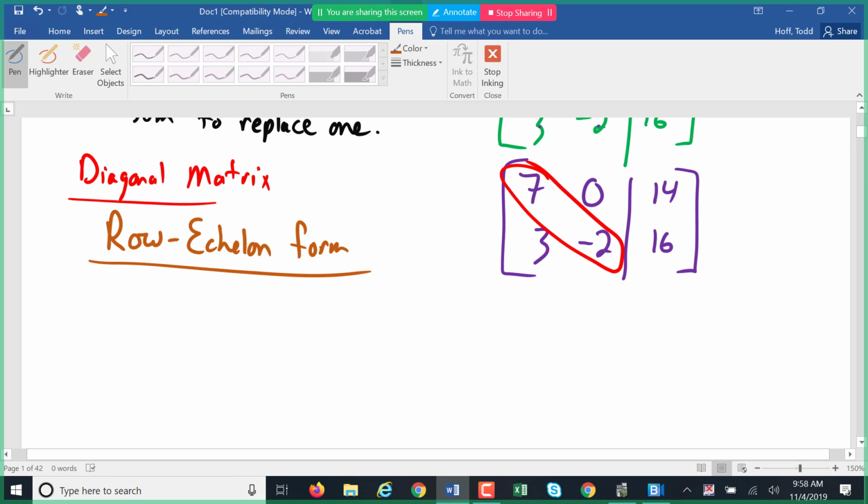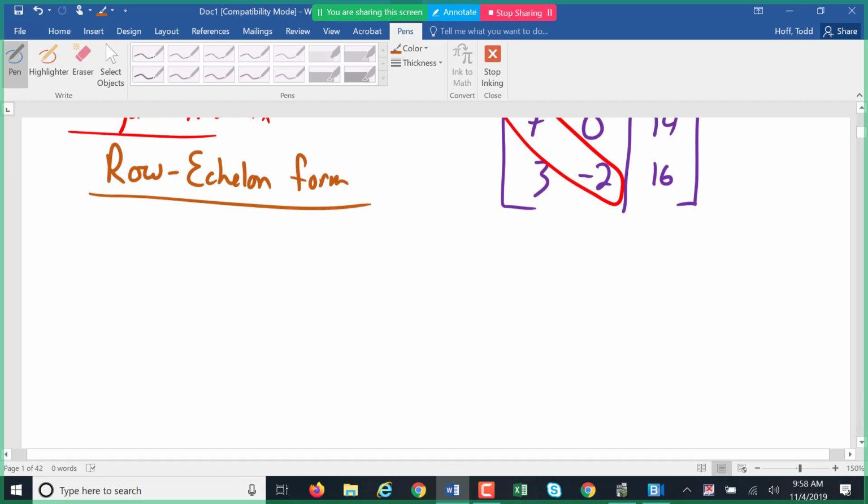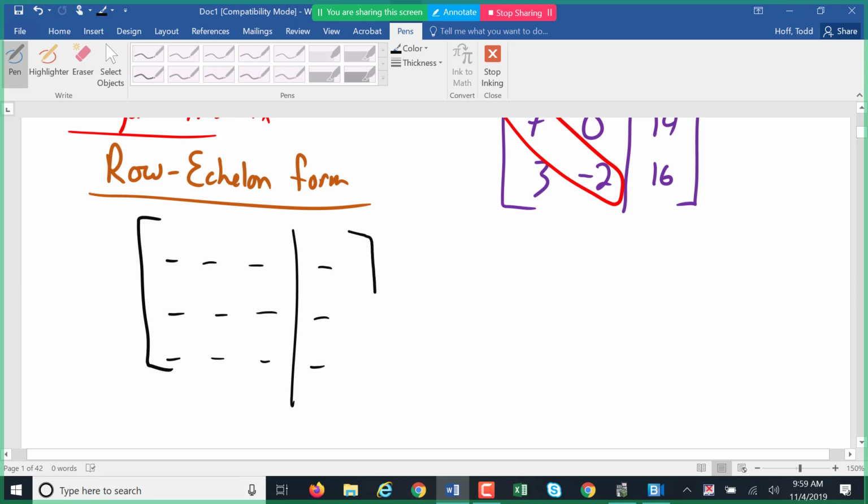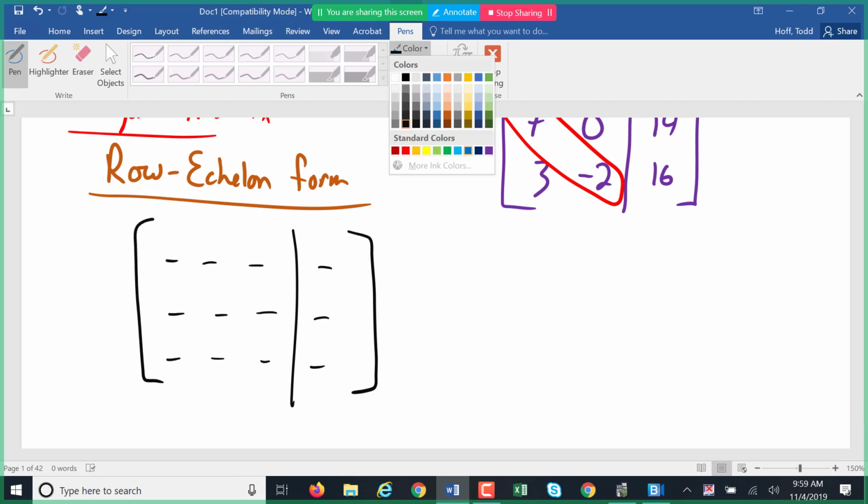Let's say we've got a 3x3 matrix augmented with a set of solutions. So it's essentially a 3x4 matrix. So 1, 2, 3, 4, 5, 6, 7, 8, 9. The augmentation on the other side over here. To be in row echelon form, we need two things to happen.